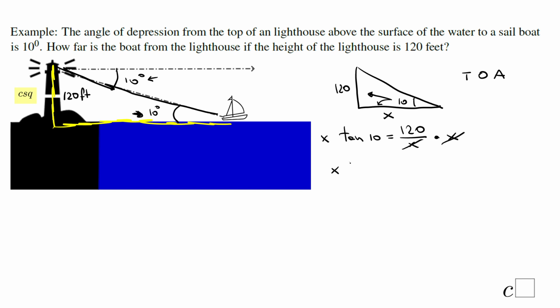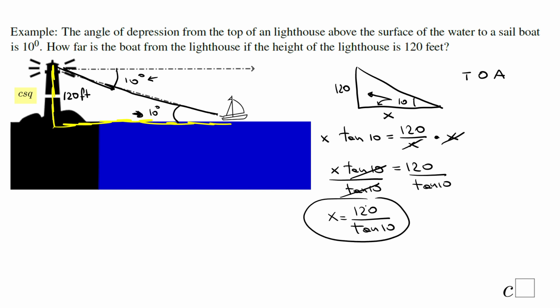So we have x tangent of 10 equals 120. Divide by tangent of 10. And we have this exact value. And now we're going to put this in the calculator and see what we get.